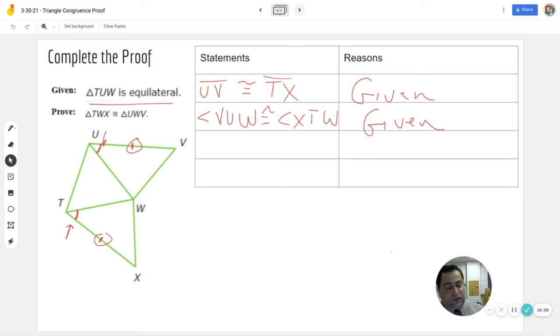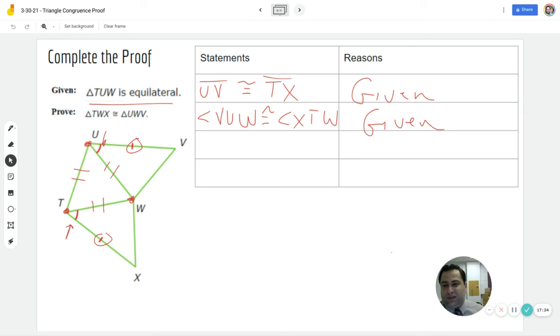And now let's address this equilateral triangle thing here. So we have triangle TUW. All right. So now once you've identified where that triangle is, equilateral means equal sides and equal angles. So I can already tell that we're only going to really need the sides. So let's put in 3 equal sides here.